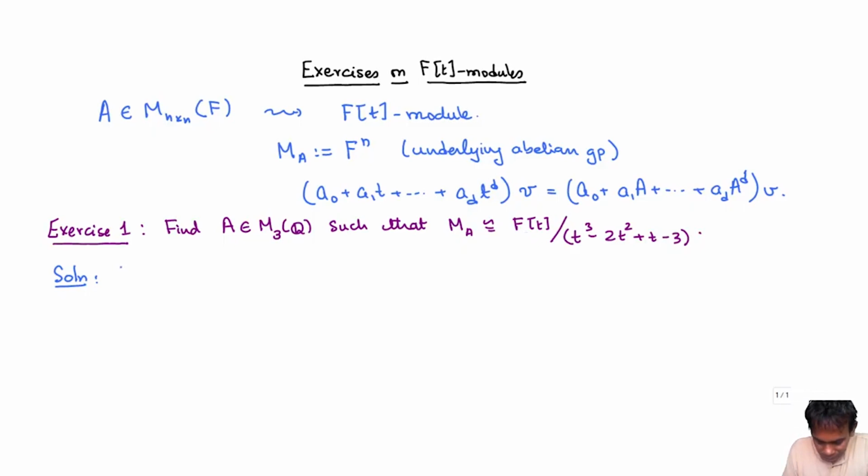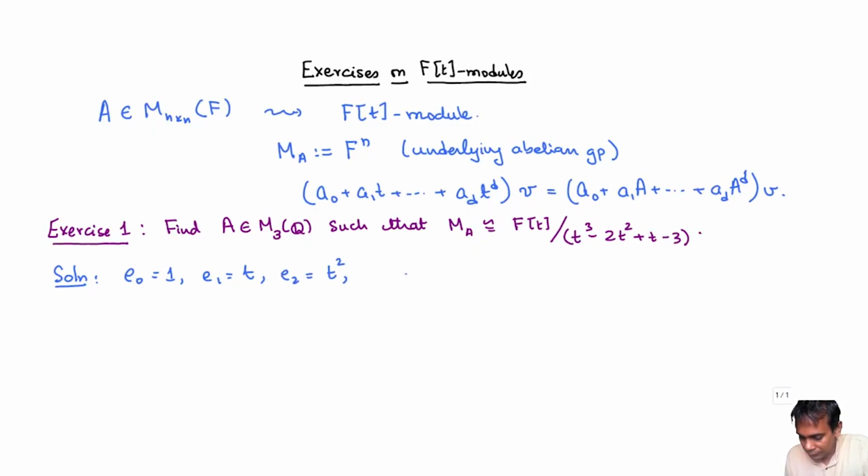So pick a basis. E0 equals 1, E1 equals t, by which I mean the image of 1 in F[t] mod t cubed minus 2t squared plus t minus 3. E1 is the image of t in this module. E2 equals t squared.